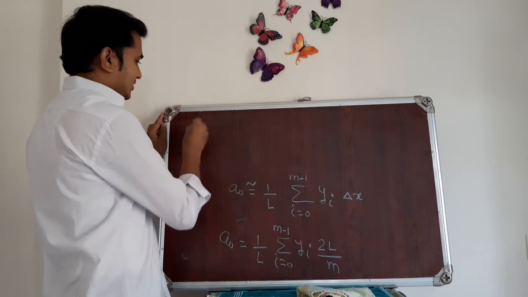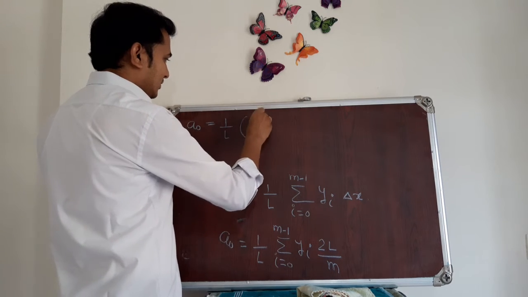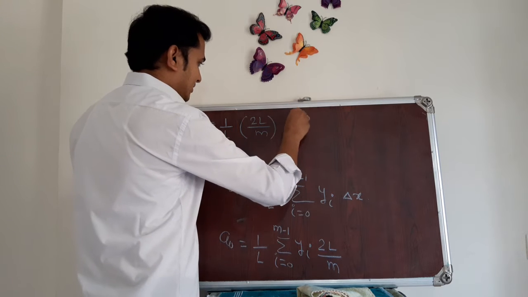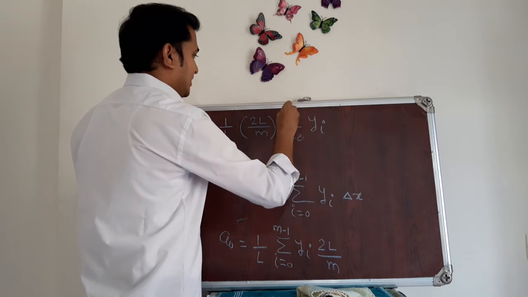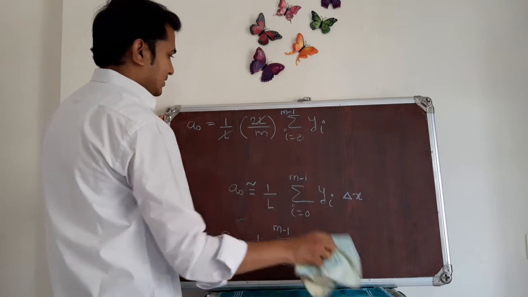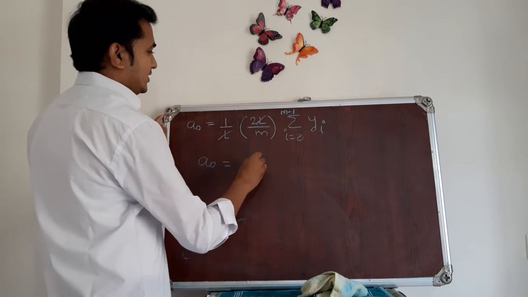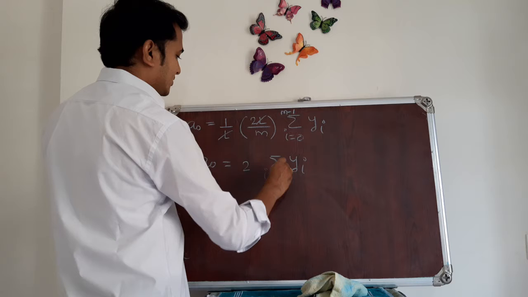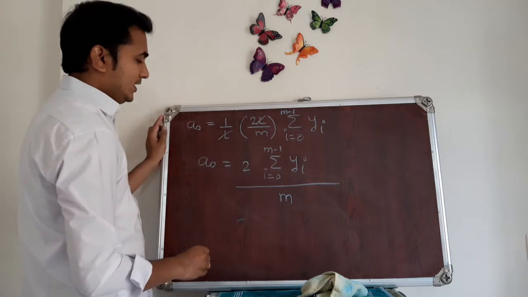So 12 upon m is out, L will get cancelled, and you will have a naught equal to 2 times summation yi, i running from 0 to m minus 1, upon m. So this is the formula.